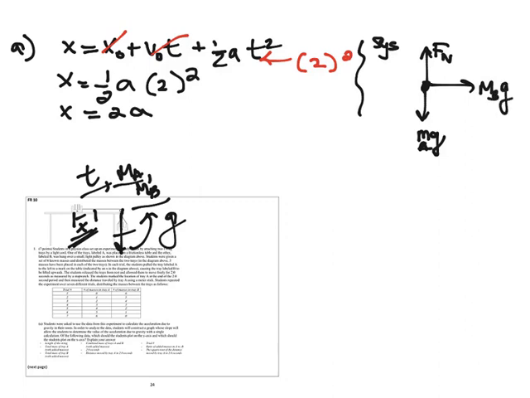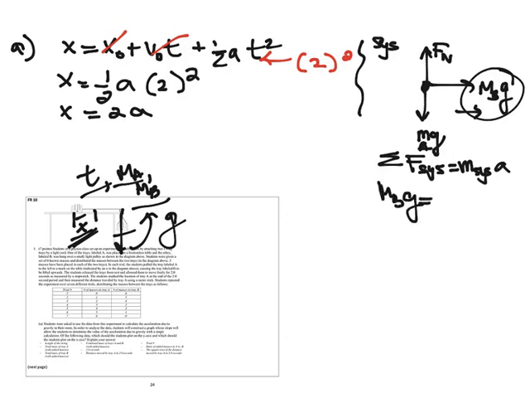Now I can write out Newton's second law, so I have sigma F, the forces acting on my system, equal to the mass of my system times its acceleration, and it's accelerating in this direction, so I only care about my x forces, and that would be mB times g is equal to mA plus mB, my total mass, times acceleration.